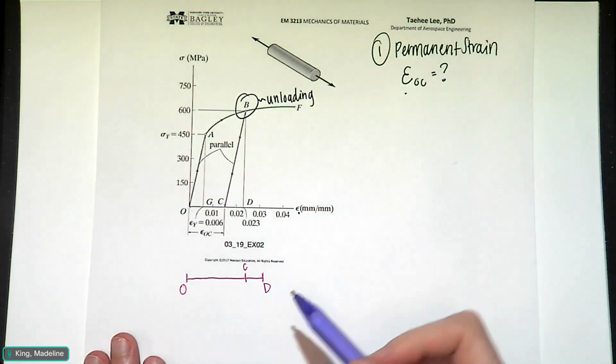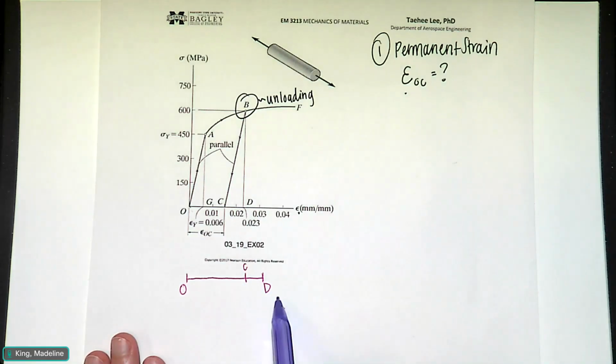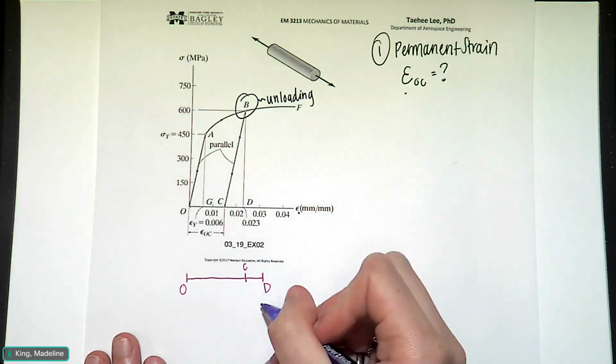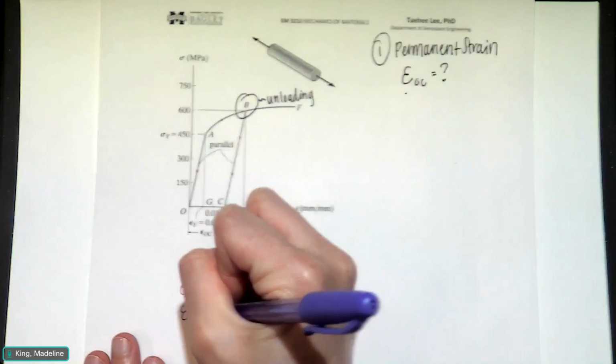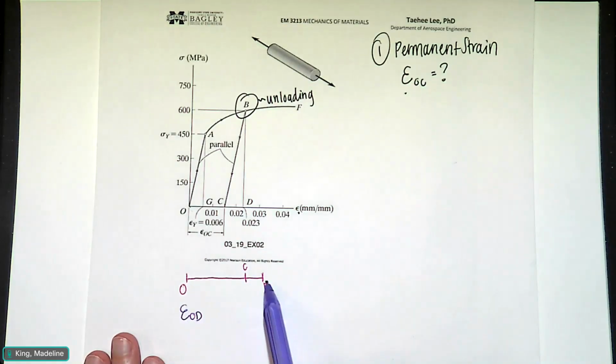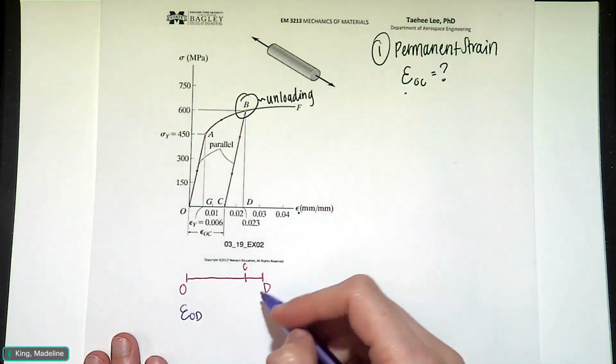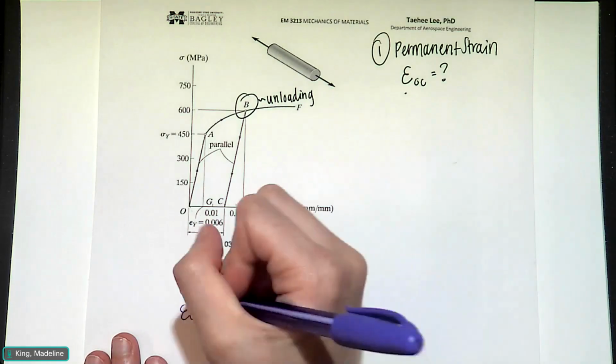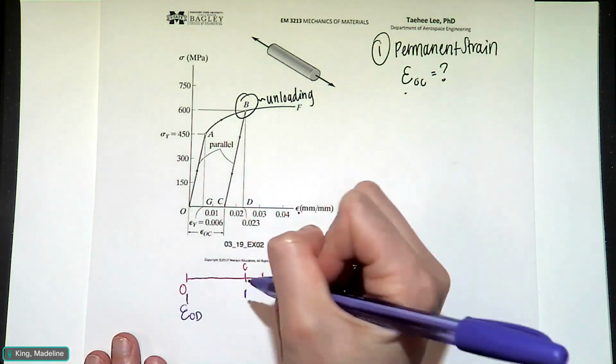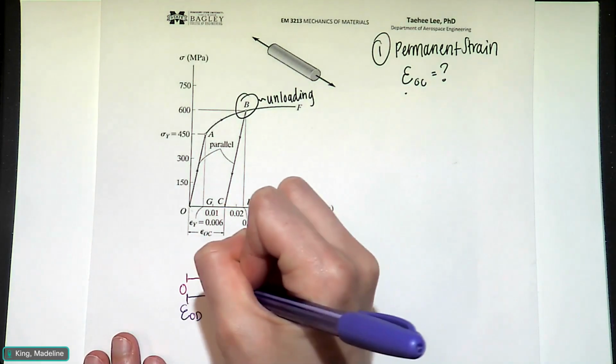So back to my line, we know that we have 3 points, and epsilon OD, that's the full line. So that's going to be probably important for our equation. And then we have epsilon OC.